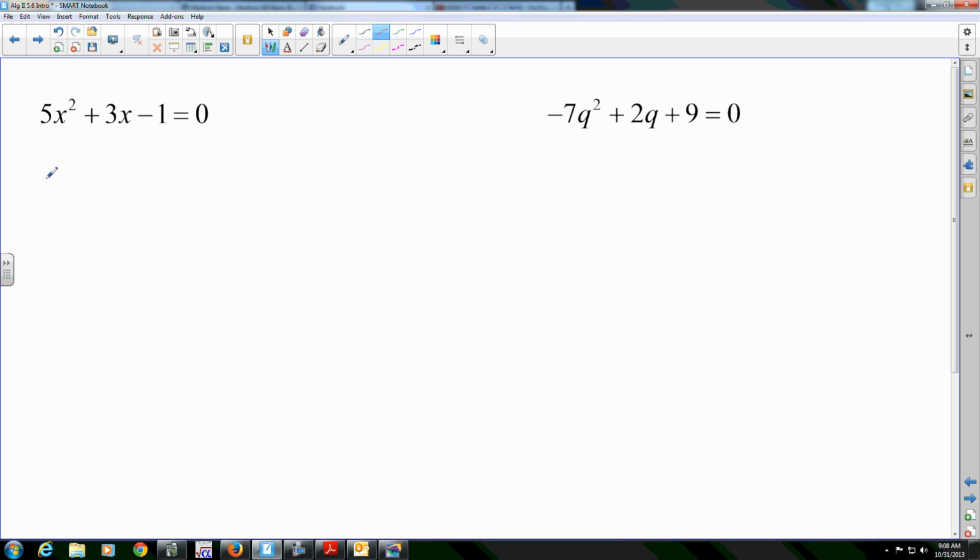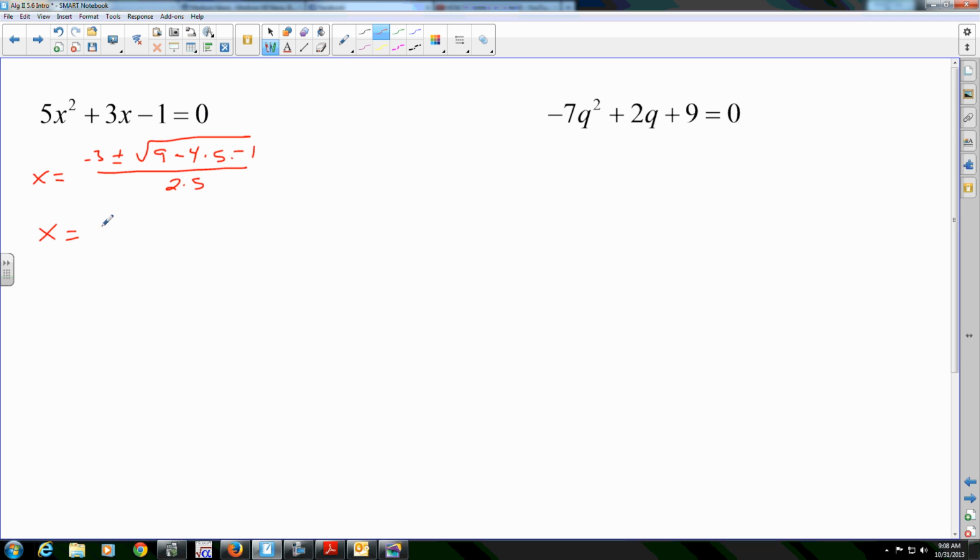Doing the same pattern with this, x is equal to the opposite of b plus or minus the square root of b squared, which would be 9, minus 4 times a times c all over twice a, which would be 2 times 5.